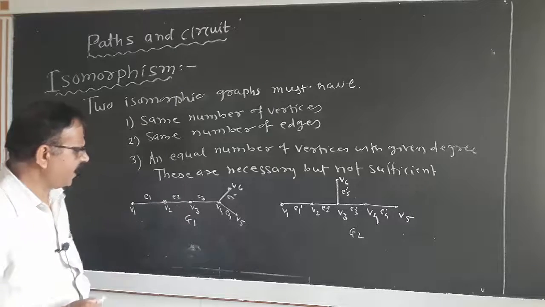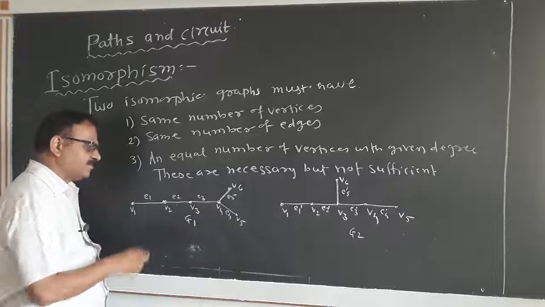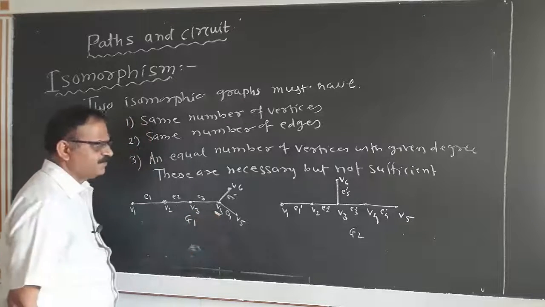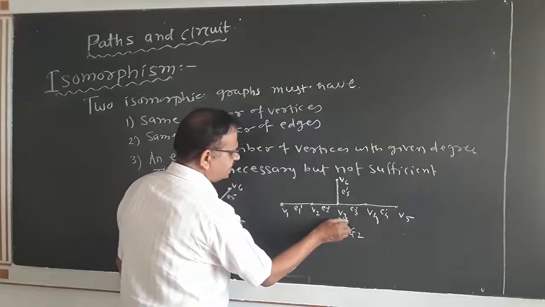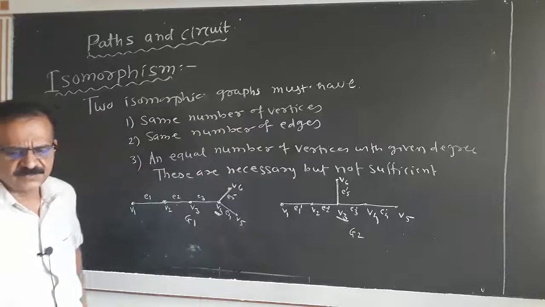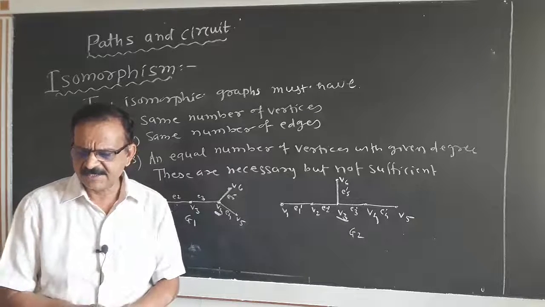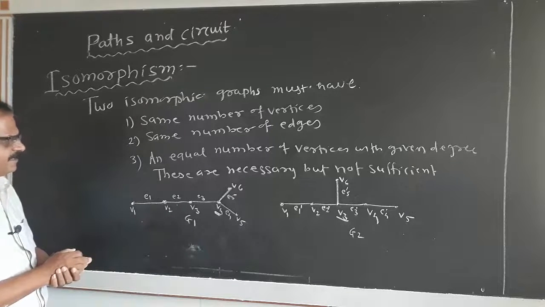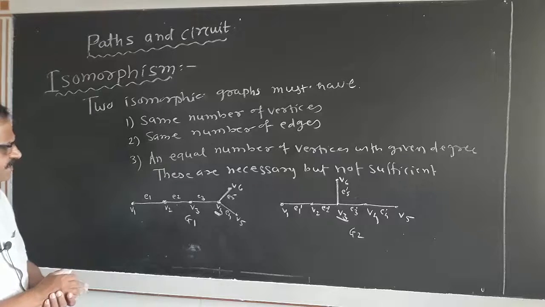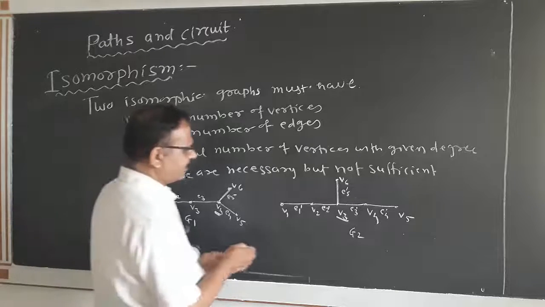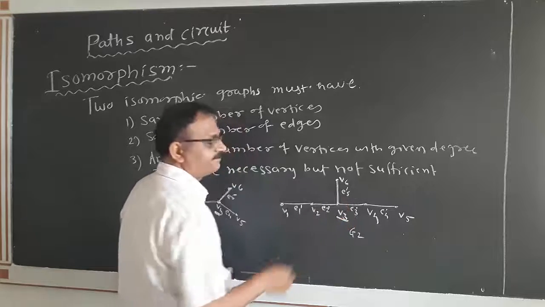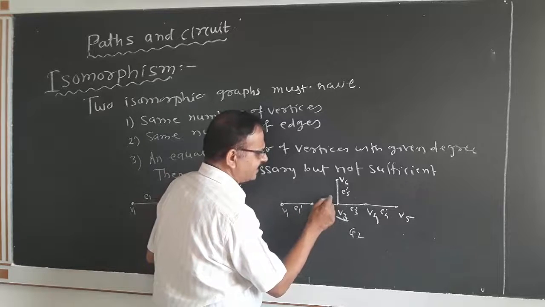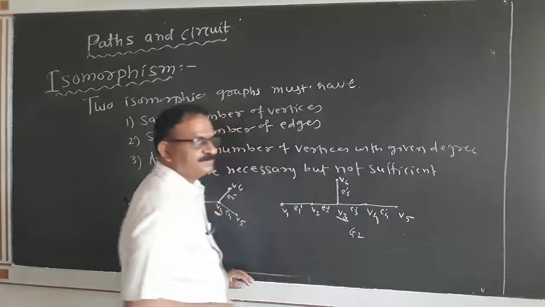But these two graphs are not isomorphic. Why? For the two graphs to be isomorphic, vertex V4 must correspond with vertex V3. In graph G2, vertex V3 has an edge which has only one pendant vertex.